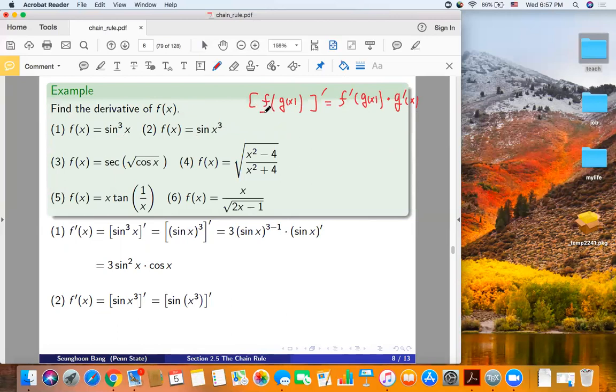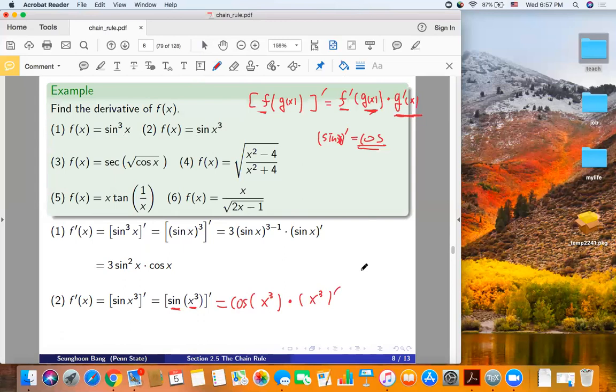What's f here? F is the sine function. So what's f prime? F prime is sine prime. What's sine prime? Not 3x squared. Do you know sine prime? Sine prime is cosine of, here, this is the important thing, the inner function. You plug the inner function x cubed into here, times inner function prime. This is exactly g prime of x.